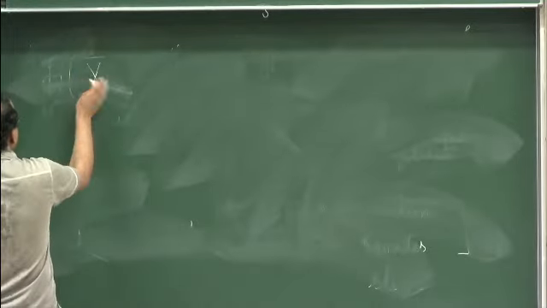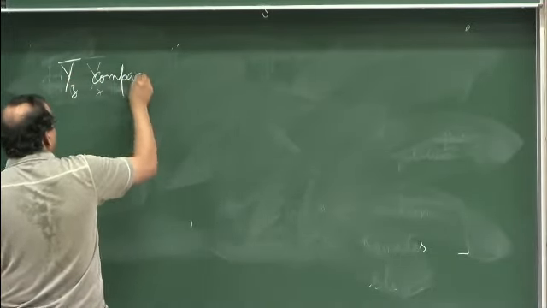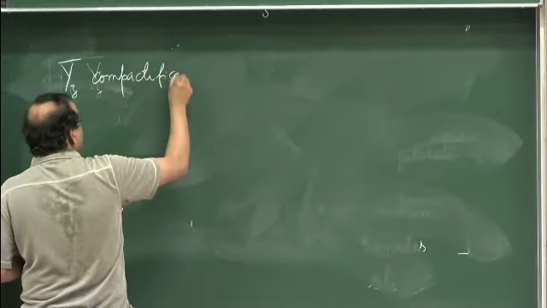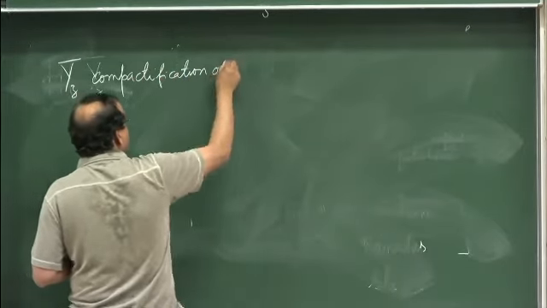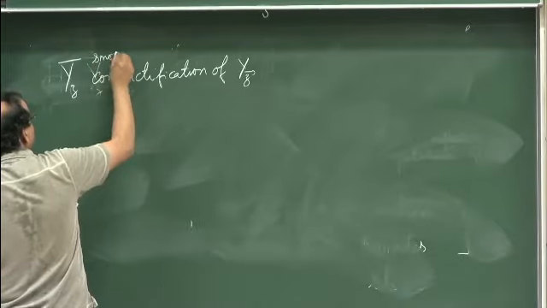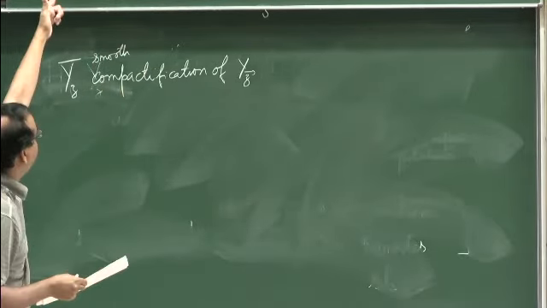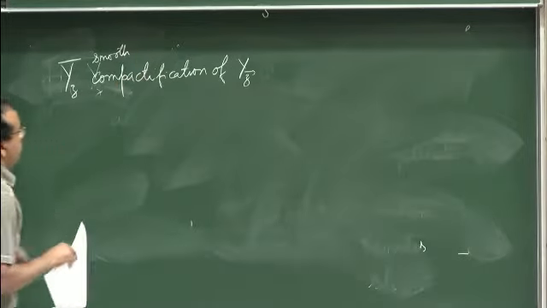So YZ bar is a smooth compactification of YZ. The way I wrote it, this is actually smooth because it's unramified over the base, and you throw away all that.